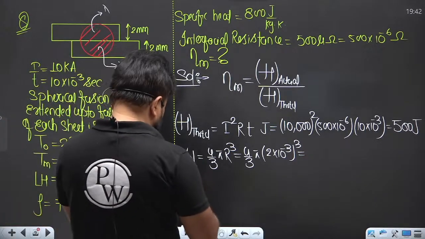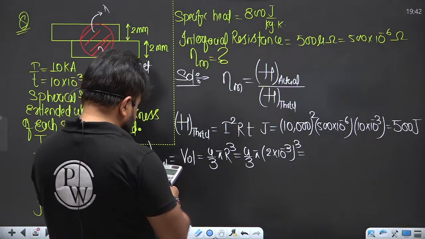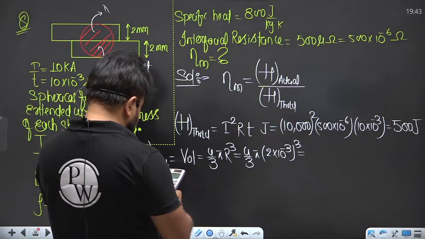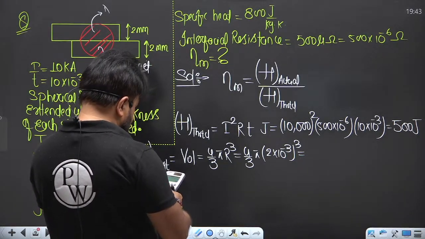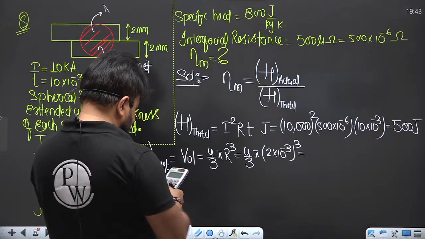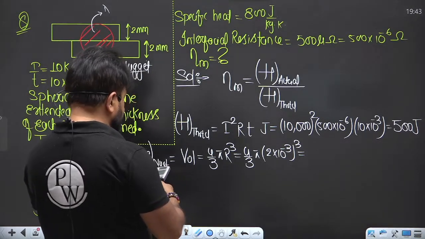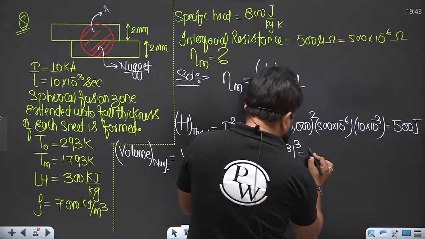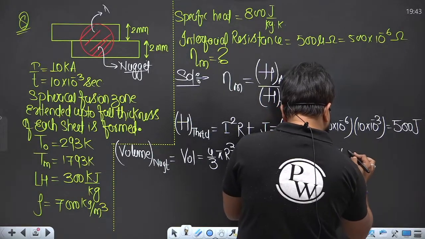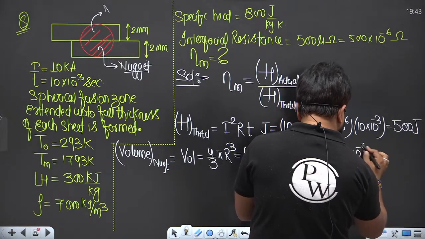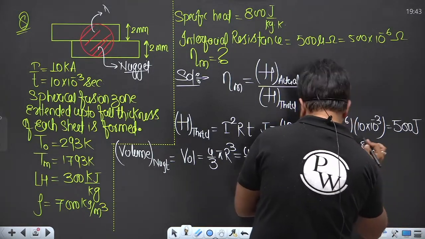So here 4 by 3 into pi into 2 into 10 to the power minus 3 whole cube. Here the volume is 0.512 into 10 to the power minus 8 meter cube.